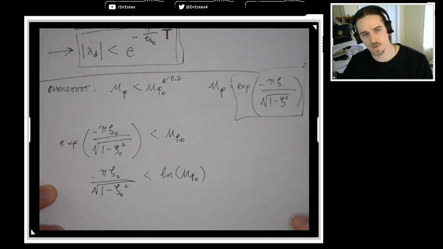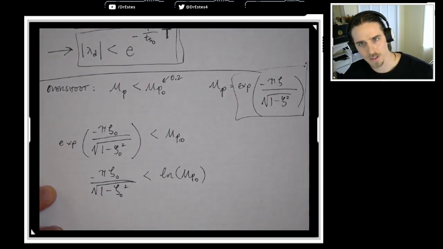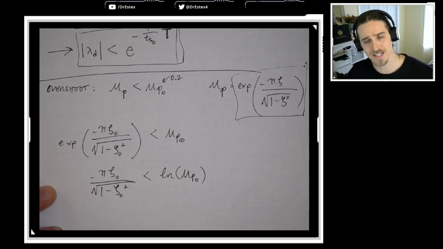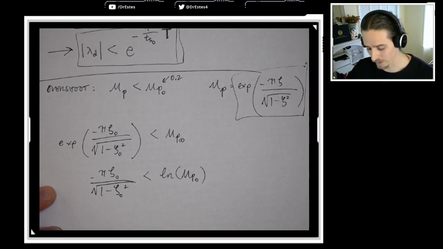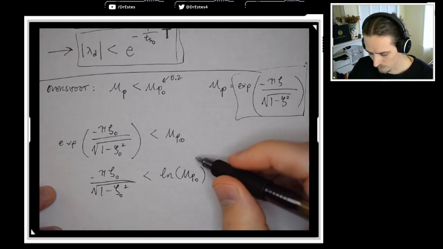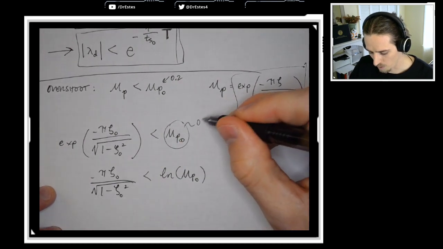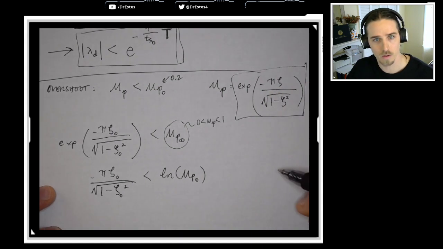Now the reason I say it's tricky is because inequality math is tricky whenever negative signs are involved. And actually, you'd need to know the sign of every variable involved in order to properly do the inequality math. So the first thing to point out, overshoot is always between 0 and 1.